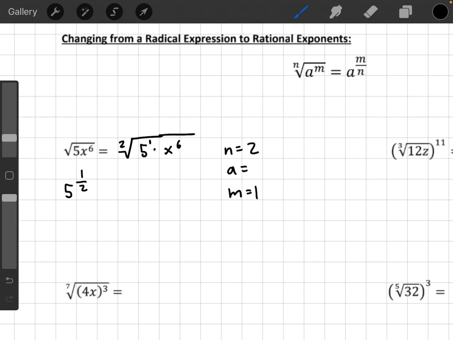Now we can focus on the x part of the expression. n still is 2. This time a is our x and m is 6. So we have x to the power of 6 over 2, which we can simplify. We get 5 to the power of 1/2 times x to the power of 3, because 6 over 2 simplifies to 3.